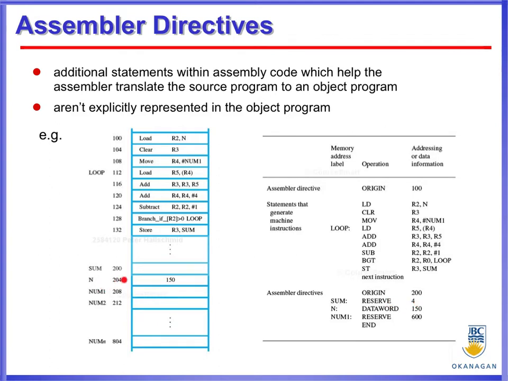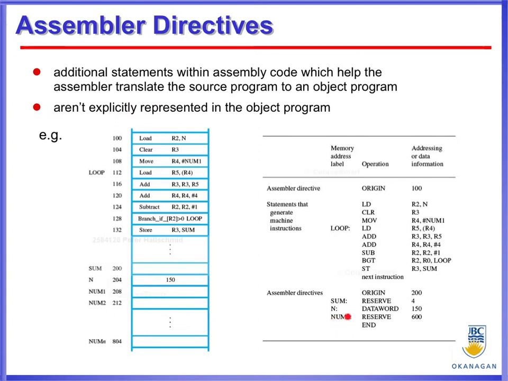So address 204 is associated with this label n, and you right away store 150 there. It's like when you declare a variable and initialize it at the same time. You can almost think of these as variable declarations, and for some of them, we're actually initializing these variables. We're storing numbers at these addresses, okay?